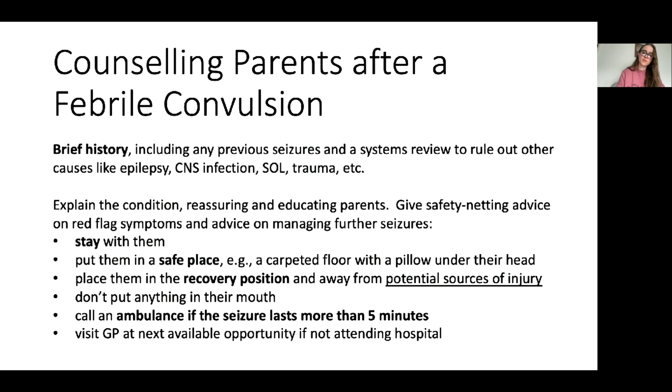Don't put anything near their mouth, and if it lasts more than 5 minutes, they need to call an ambulance. And if it's self-terminating and they don't call an ambulance, they still need to be seen by their GP ASAP. Okay. Next question.